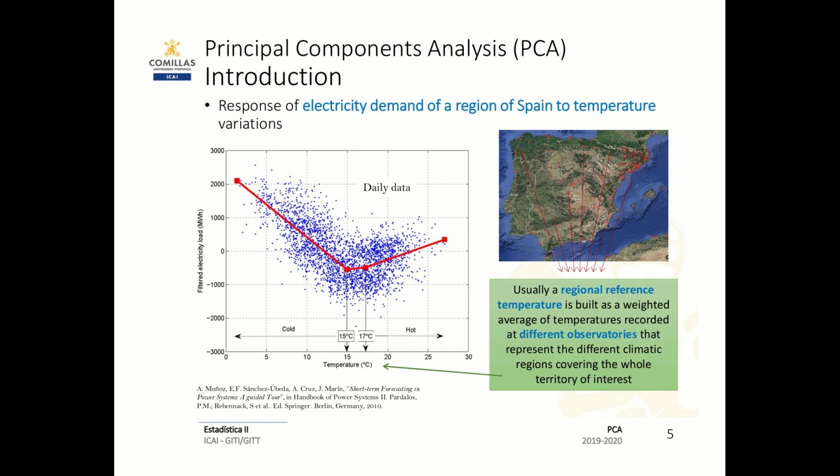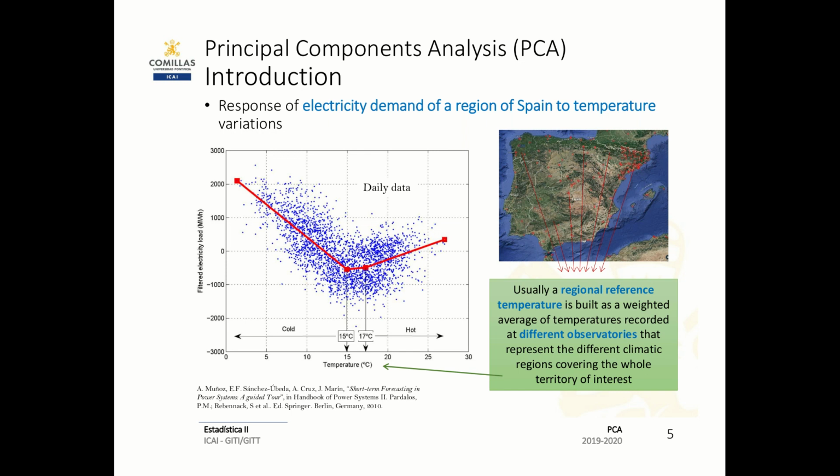For instance, here we have two observations made of two components. The first one is temperature, the other one is a filtered electricity load. So for instance, what is the fluctuation around the mean? And this fluctuation can be positive or negative.